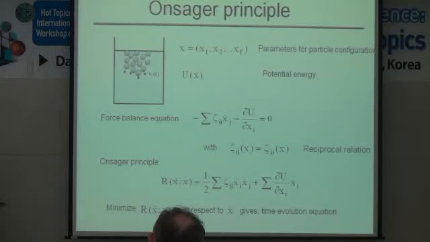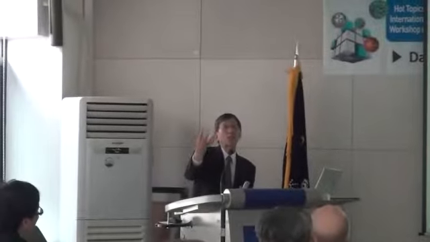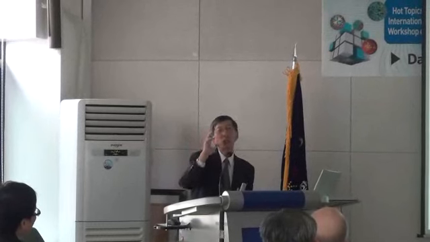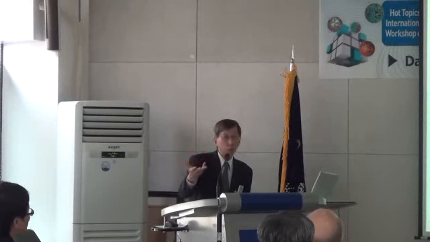Since the fluctuation taking place at equilibrium has time reversal symmetry, you cannot tell the Brownian motion you see in your video. Suppose that you take a video of the Brownian motion of particles, and suppose that you show it to the audience in reverse mode.